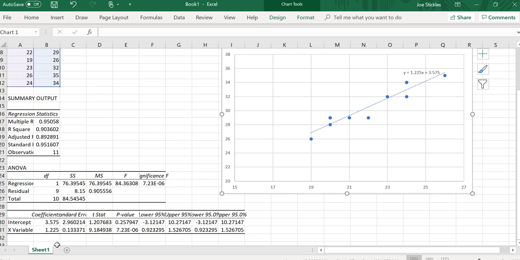So what kind of distribution did beta hat have again? Normal. Square a standard normal and you get chi-squared again. So this is chi-squared of 1.